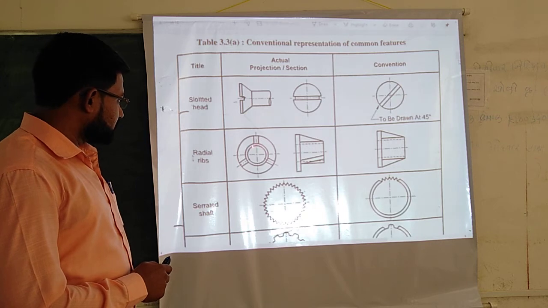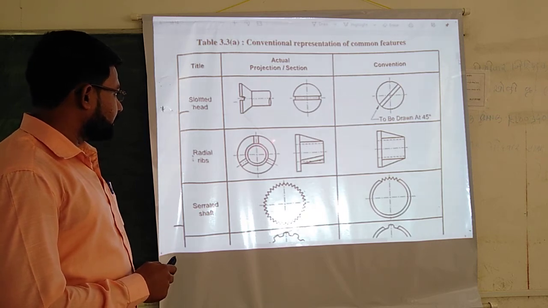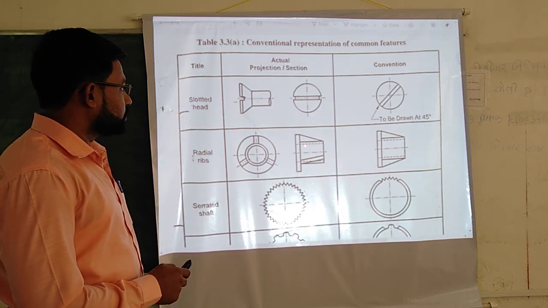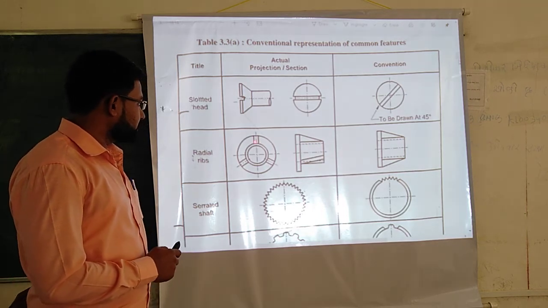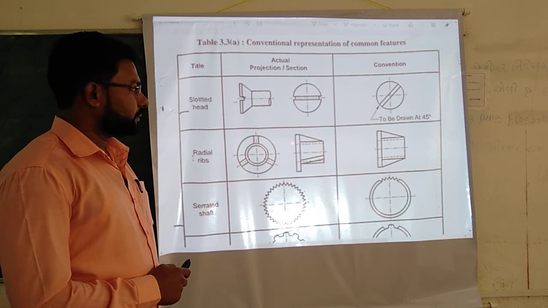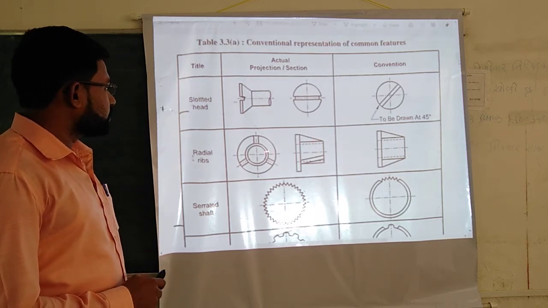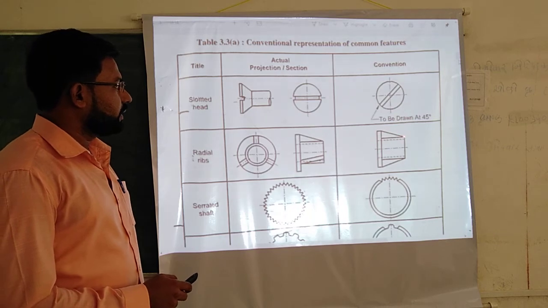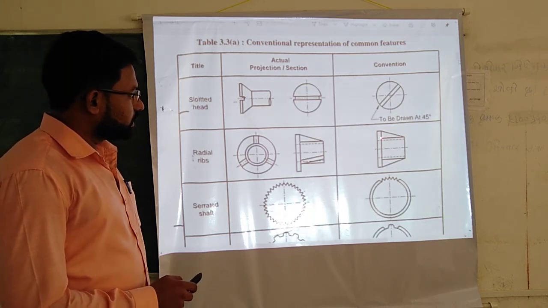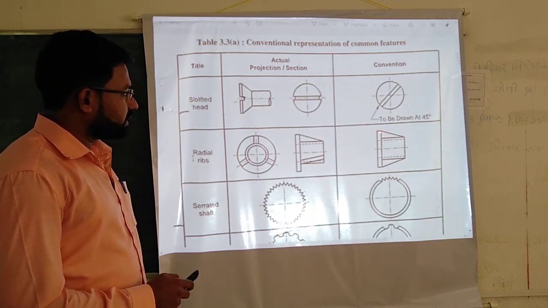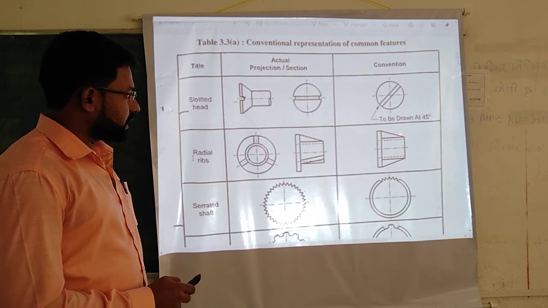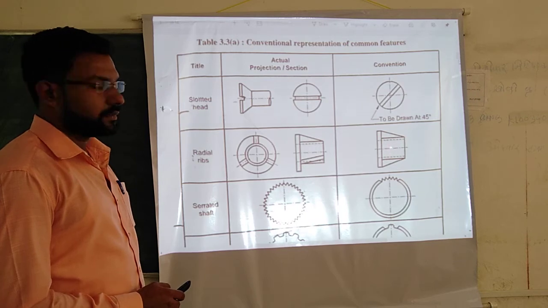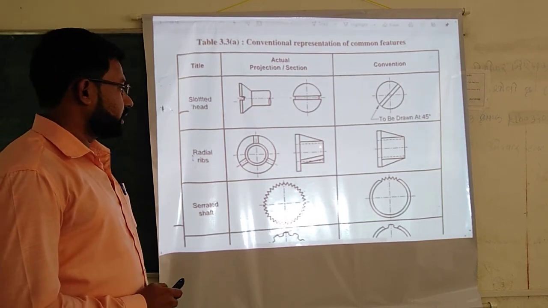Means these 2 circles represent the pipe, and this is the head of the pipe. To support the pipe with the head, these 3 ribs are provided. If you want to represent these radial ribs, then this is the convention: this is the pipe, these inclined lines represent the ribs, and this represents the head of the pipe. So this is the radial ribs.